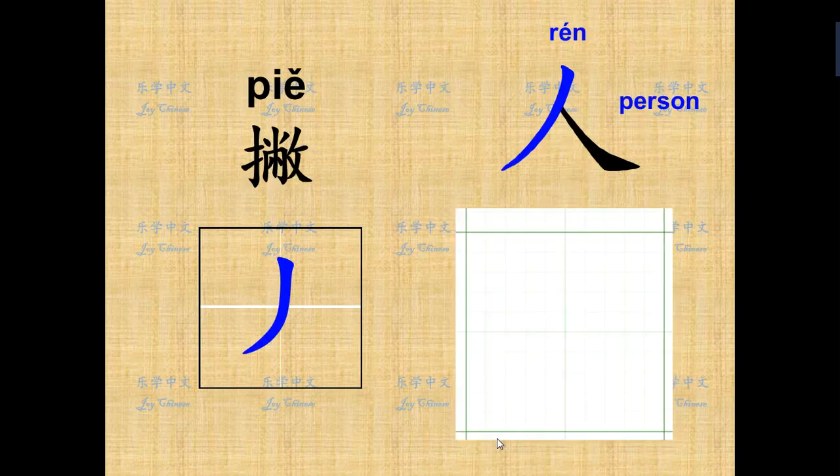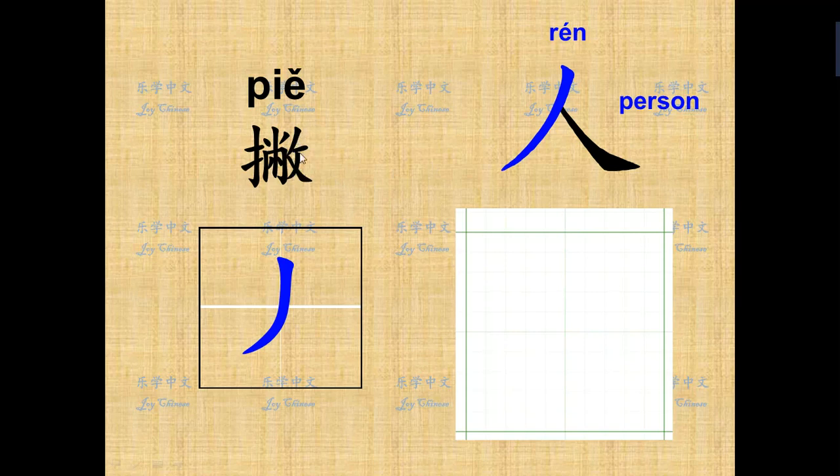Okay. Next one is 撇. It's written like this. Here is a character 人 meaning person and human. We have learned this in the pronunciation videos. 撇. So in this character you can see 撇.